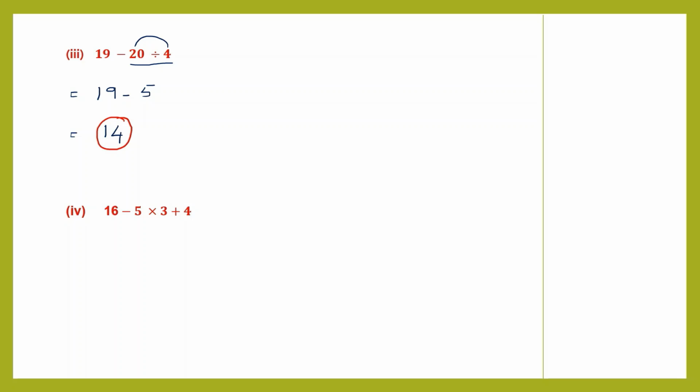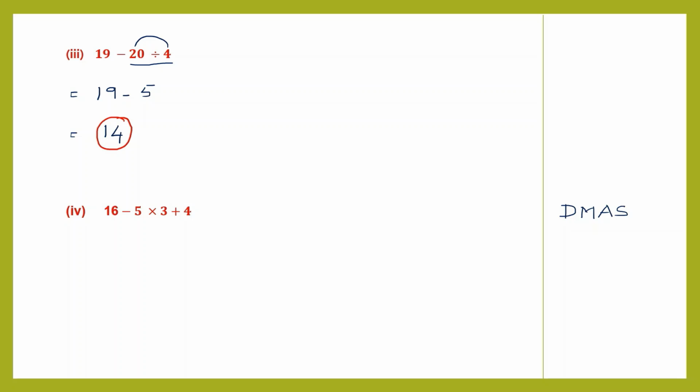Question 4. Now here we have 16 minus 5 into 3 plus 4. So what are the operations we have? Subtraction, multiplication and addition. Now according to BODMAS, now let me write only from D, BODMAS D, M, A, S. So here we have division first, multiplication, addition and subtraction. So according to this, now here we have subtraction.